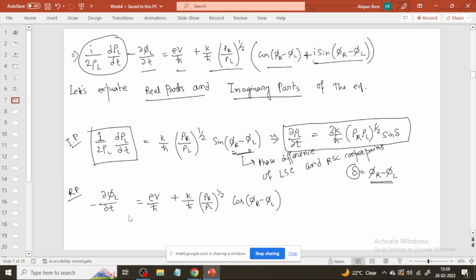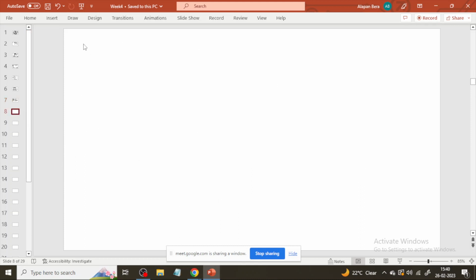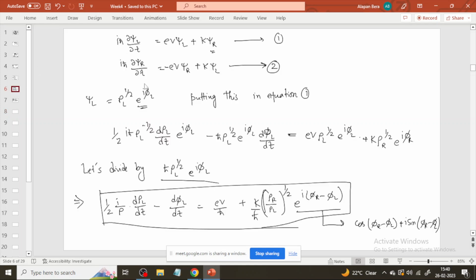So similarly, if we do the same thing for the right hand superconductor, okay, so yes, I think this is clear. We started deriving all these things by substituting this in equation number 1.